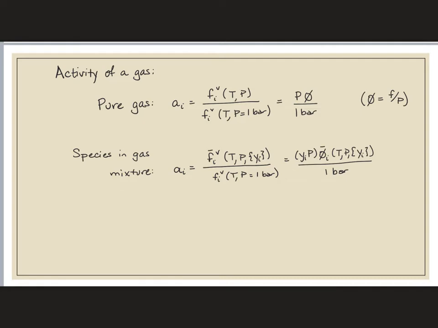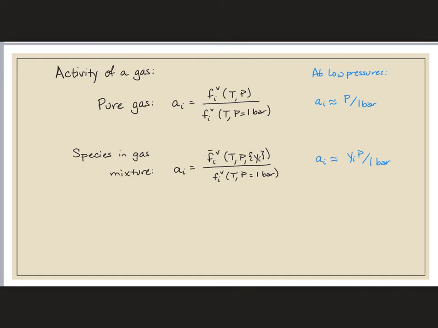Again, using the fugacity coefficient nomenclature, we could use the fugacity coefficient for the substance in the mixture at the temperature, pressure, and molar composition times the partial pressure, or yiP, divided by 1 bar. So those are the formal definitions for activity of a gas.